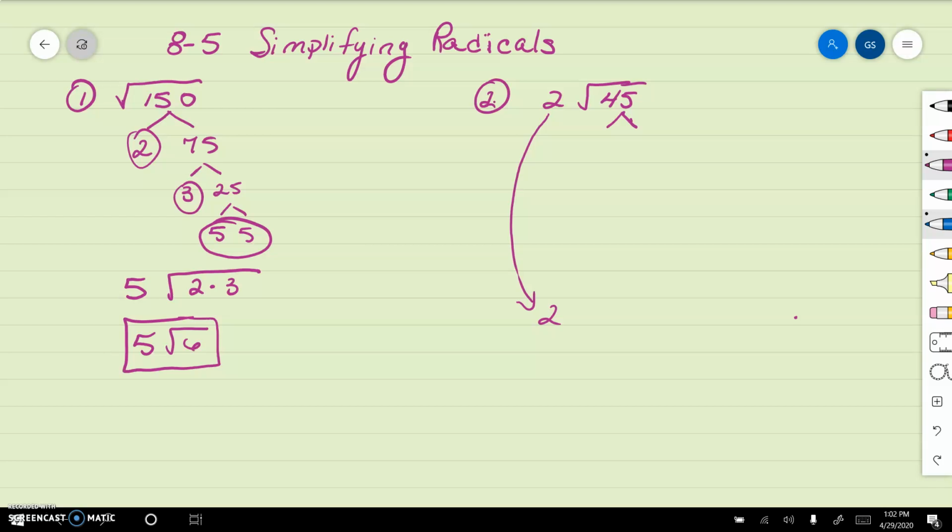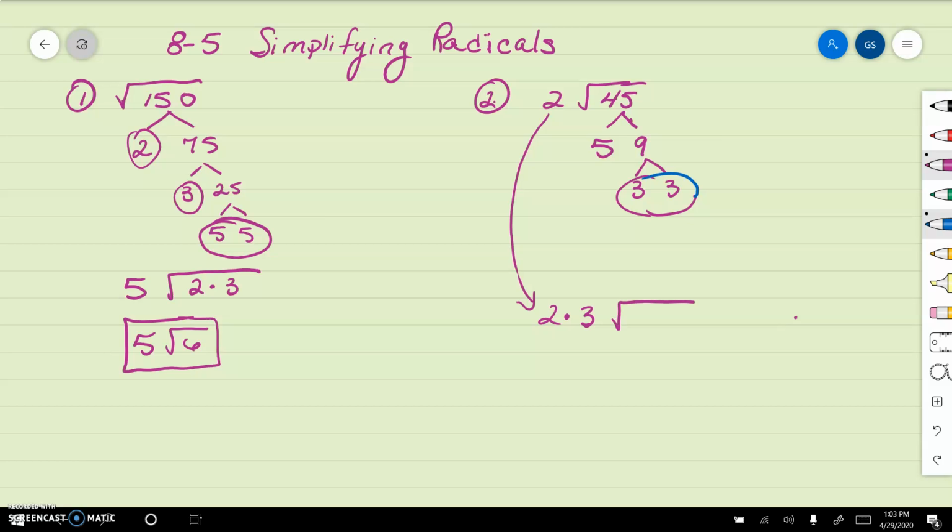So radical 45. Well, let's see. 2 does not go in. 5 goes in. 5 times 9 is 45. And then 5 is prime, so leave it. 9 can be broken down into a pair of 3s. 3 times 3 is 9. So a pair of 3s comes out. But look what's already out here, this 2. So we're going to go times 3.